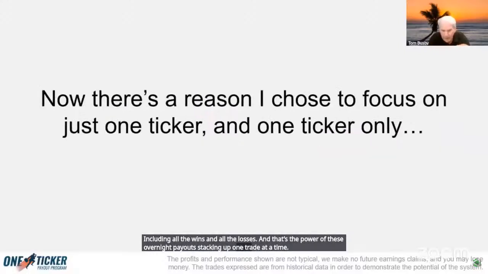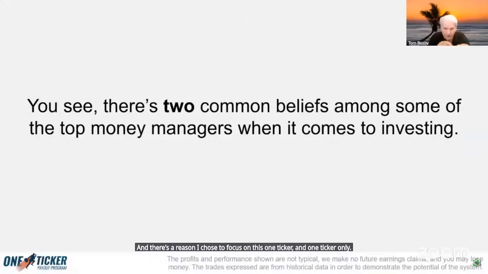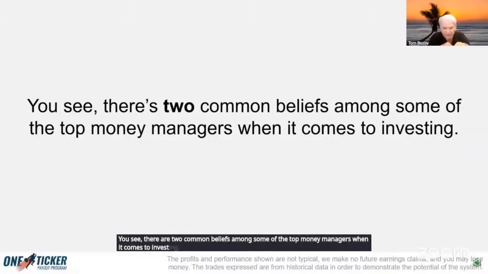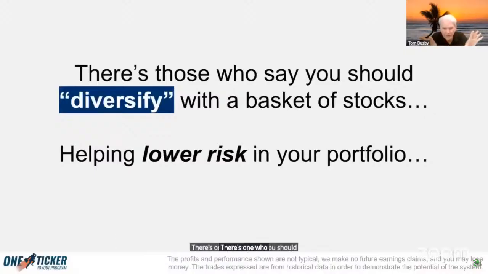And there's a reason I chose to focus on just one ticker and one ticker only. You see, there are 2 common beliefs among some of the top money managers when it comes to investing. There's one who say that you should diversify into a basket of stocks, helping lower the risk on your portfolio. I know y'all have heard that.